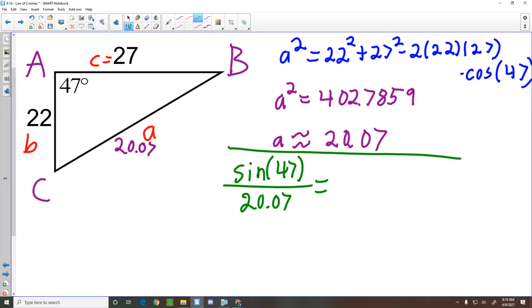Let's just do B next, or we can do C. We did B last time. Sine of angle C divided by side C, which is 27. Cross multiply. Sine of 47 times 27 divided by 20.07.